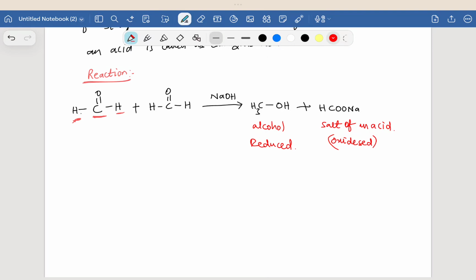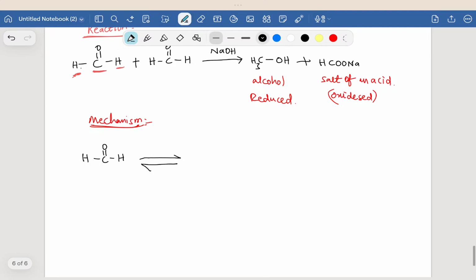Now if you go for the mechanism, first we take one aldehyde which does not have alpha hydrogen, HC double bond O, H. Then this aldehyde reacts with a base. There are two mechanisms.